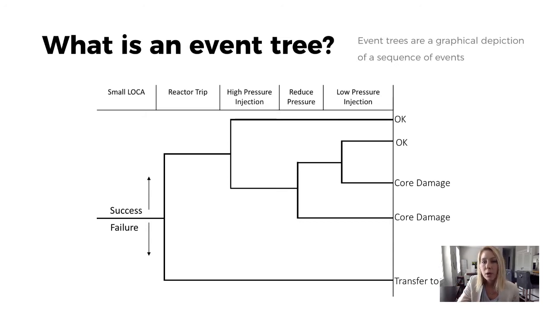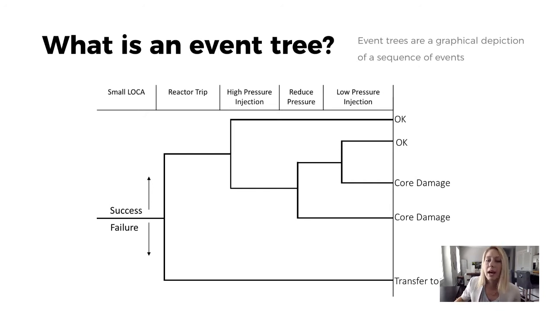So in the case of a small break LOCA, we're going to start with the initiating event, which is the LOCA itself. And then we move along the progress of the event, listing the mitigating steps until the system either fails or is okay. The end states are listed on the right-hand side of the event tree. You can see that here.